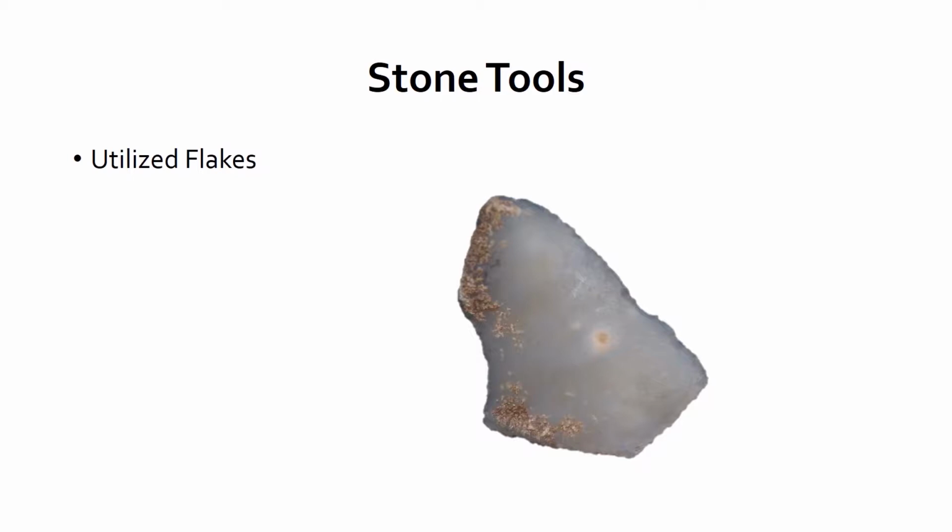So these are expedient knives and blades that can be used for a variety of resource processing. This example here, you can see there's a smooth body on the flake, and then the outsides have been worked, so it's been utilized.